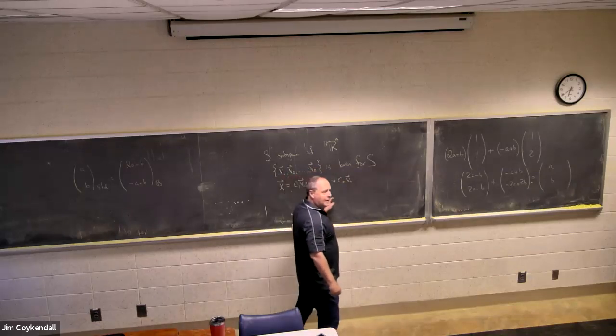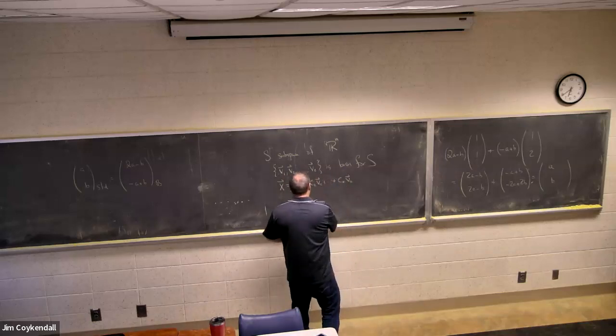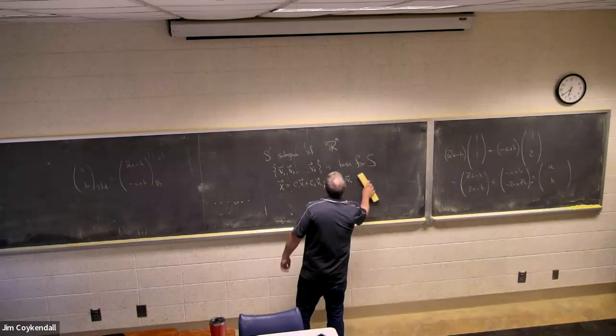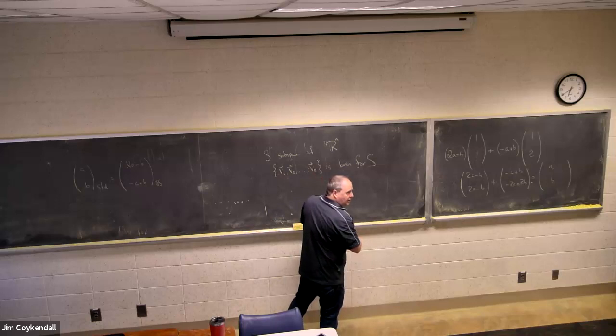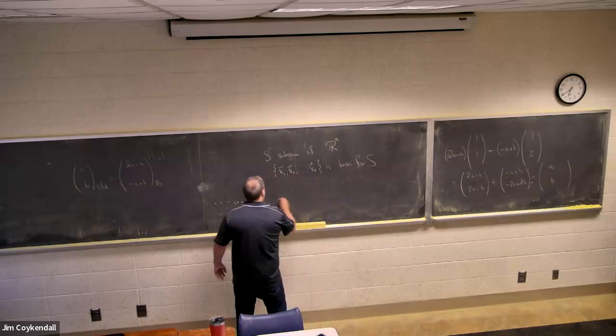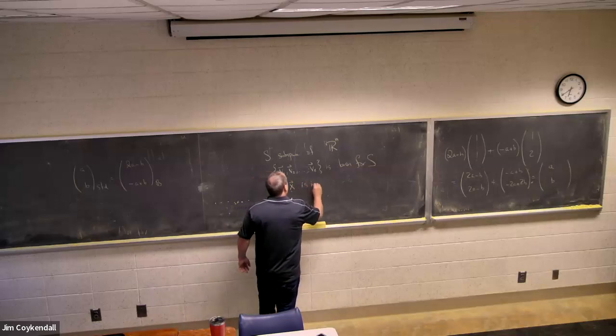The first part was to explain why x can be written as a linear combination of vectors. Well, what do we know about x? x is in S.